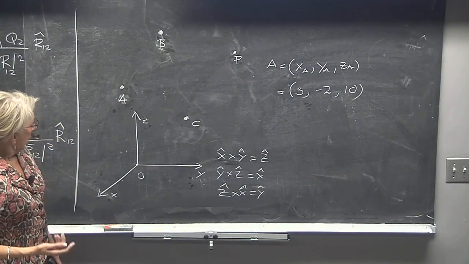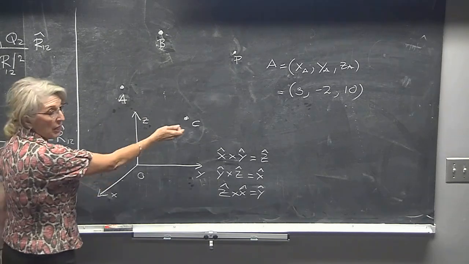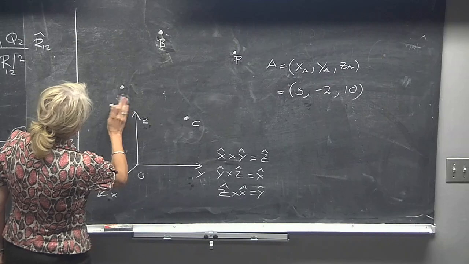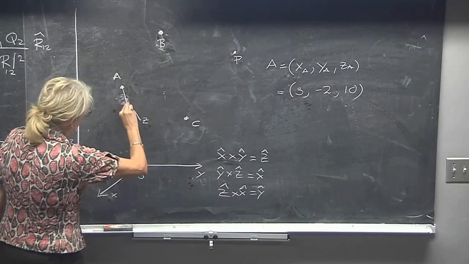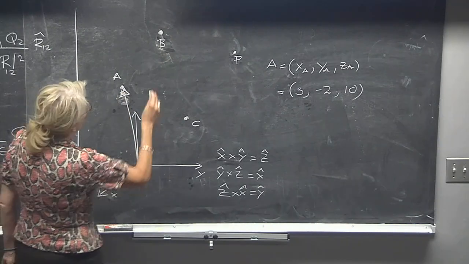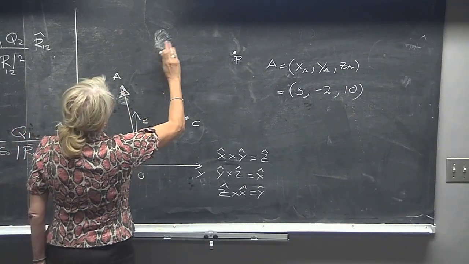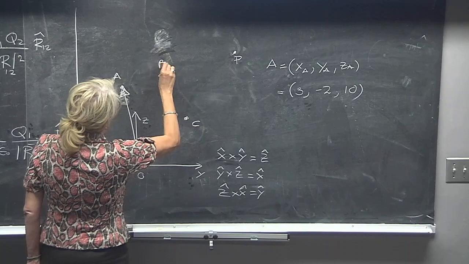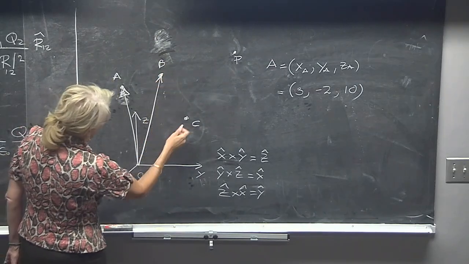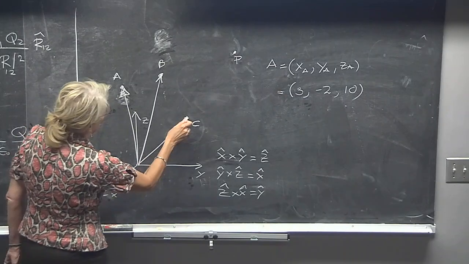Now, if I do this, then I know this vector, I know this vector, I know, let me bring it a little closer, this vector, and then I know this vector.